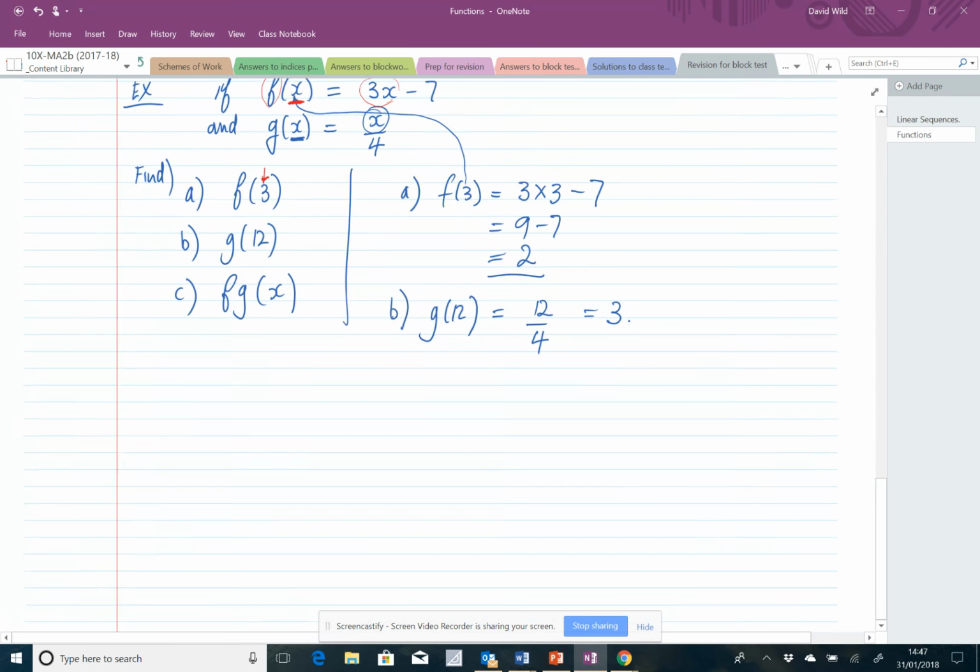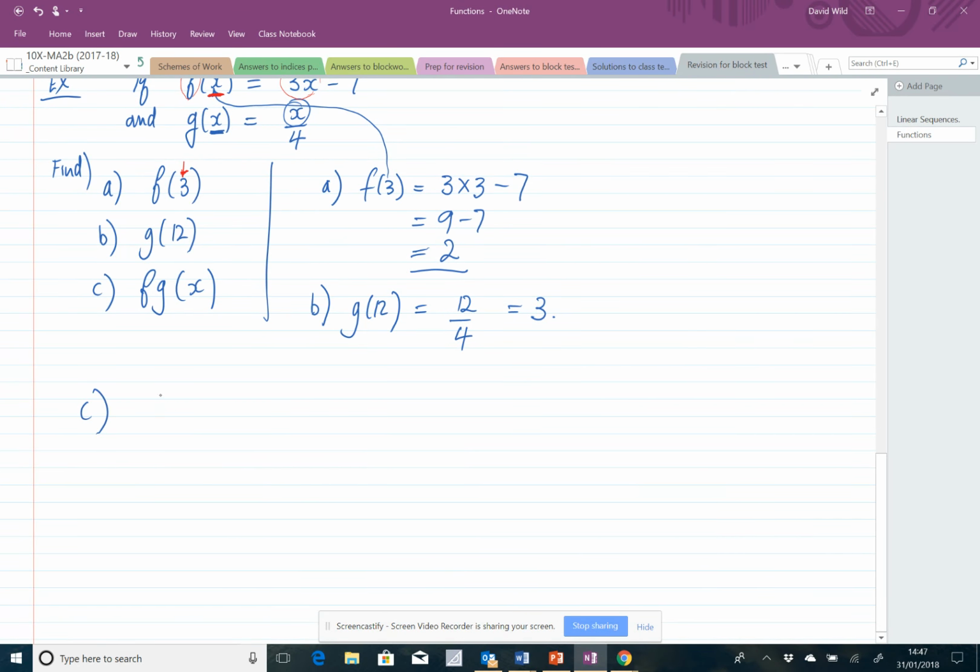Part C is a little bit harder. fg of x. Now you may recall that I said I prefer this notation. I want you to remember that fg is not multiplication.